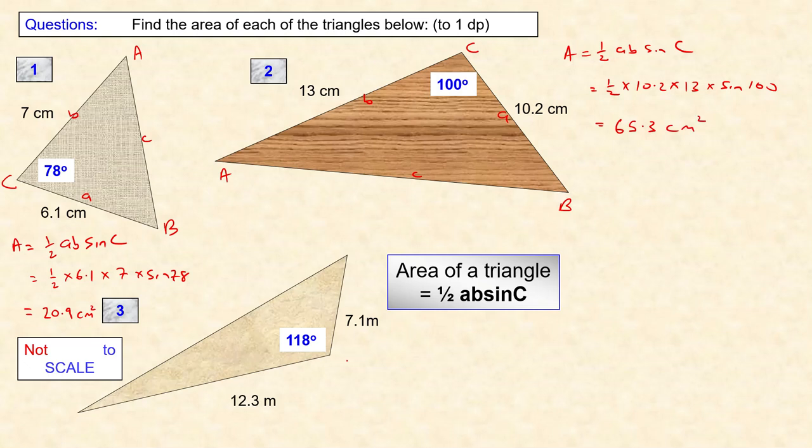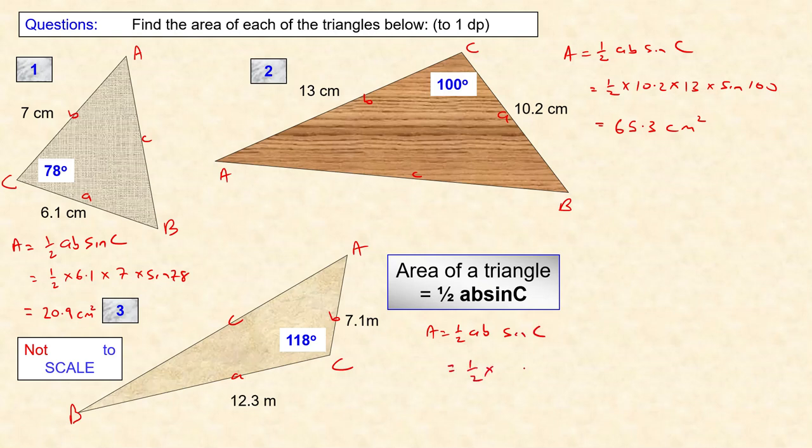As for the third, same thing again. C, A, B. There's our triangle labelled. That's side B. That's side A, that's side C, which we're not going to use. So there's our formula. Plug in the numbers we have.